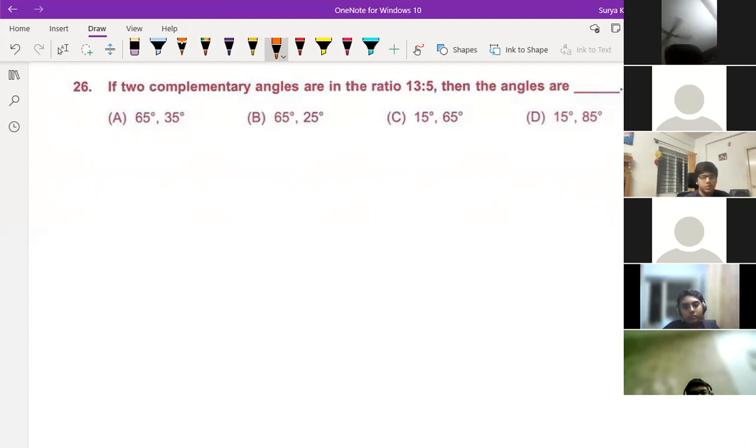Sir, it's option B. Okay. 13 and 5, 18. 18x is equal to what? 90. So x is equal to 5. So 65 and 25. All of you got? Okay.